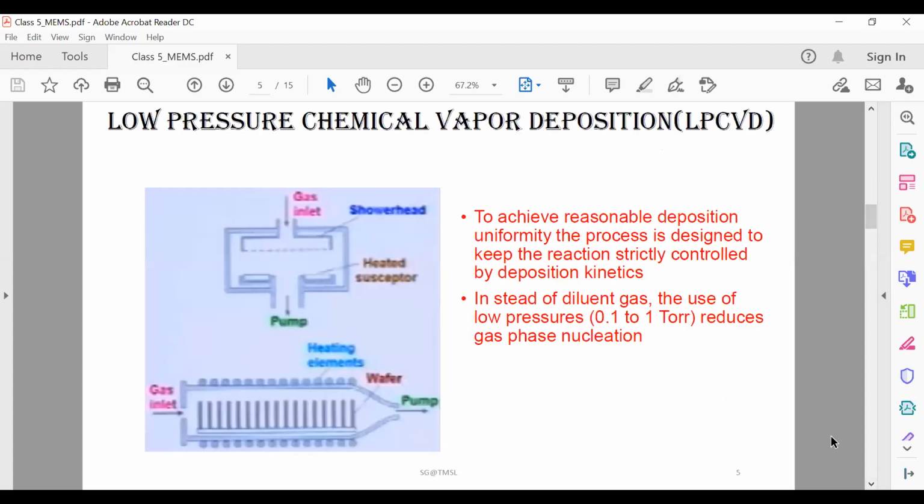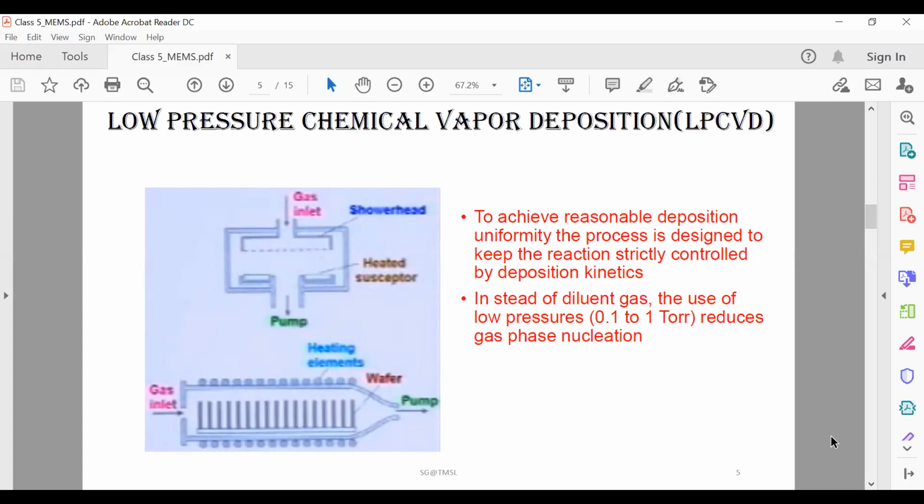Now, can you see the diagram properly? It is a somewhat hazy diagram. Now there is another CVD technique known as LPCVD, low pressure chemical vapor deposition. To achieve reasonable deposition uniformity, the process is designed to keep the reaction strictly controlled by the deposition kinetics.